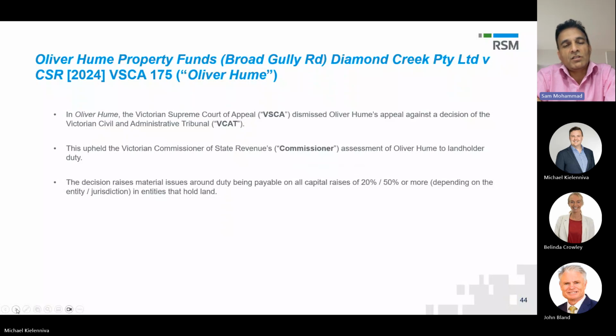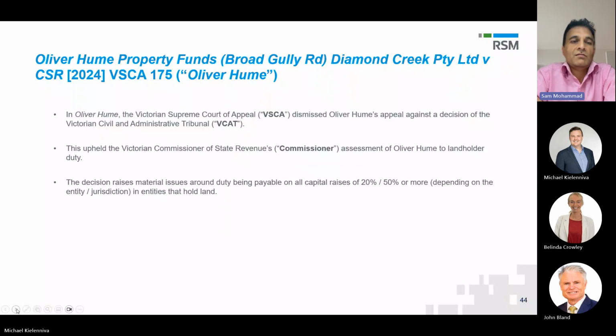So for those unfamiliar with landholder duty, it's essentially stamp duty that applies on an indirect transfer of land. So rather than a direct transfer of the actual land itself from one party to another, it applies where there is a transfer of an interest in a company or a trust that itself holds land above a certain value.